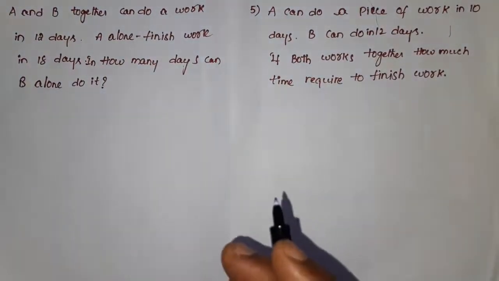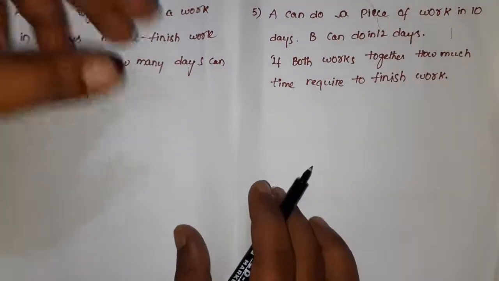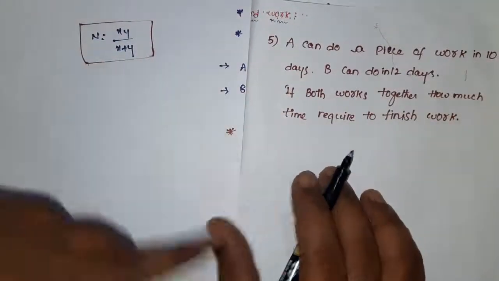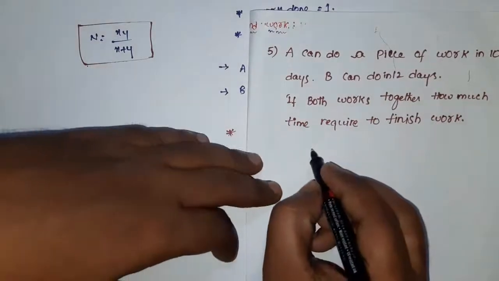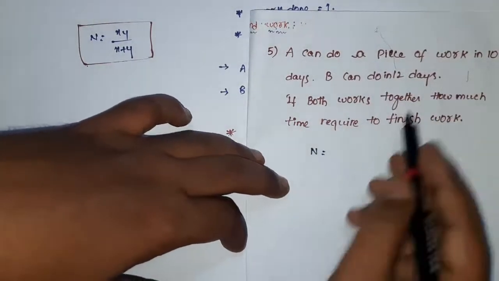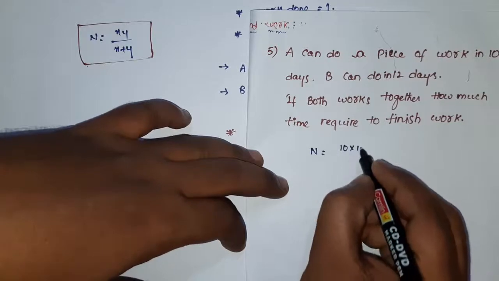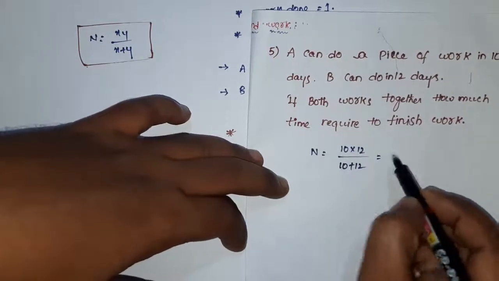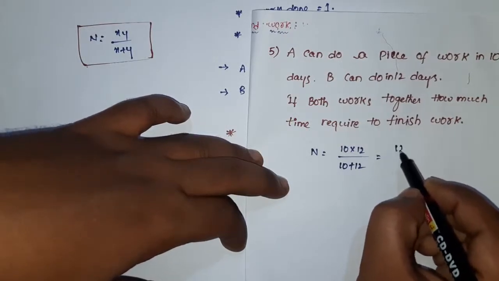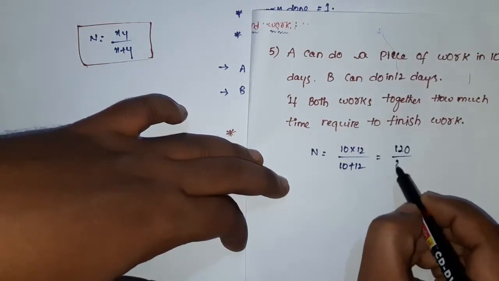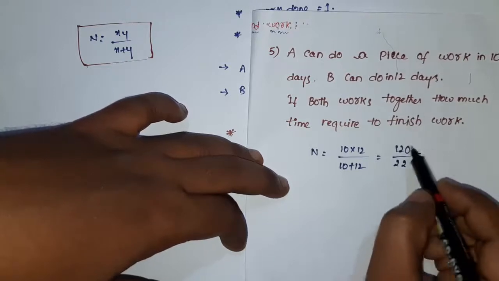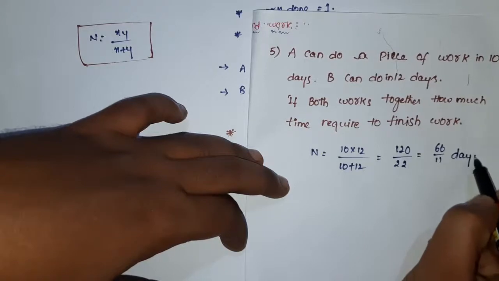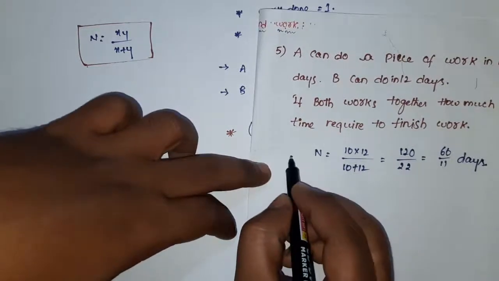If both work together, how much time is required to finish the work? We have already derived the formula, you can use that simply. So n equals 10 into 12 by 10 plus 12. That is 120 by 22, which is 60 by 11 days. That is by the formula.